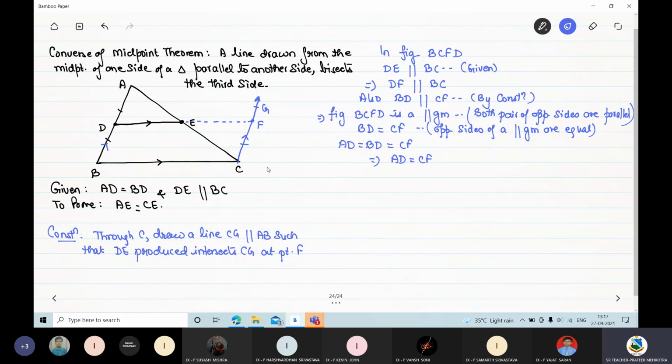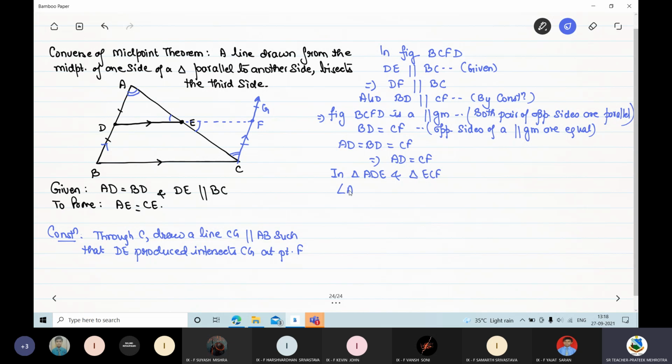Now again, in these two triangles, triangle ADE and triangle ECF, we can prove them to be congruent by taking these two angles as vertically opposite angles and these two angles as alternate interior angles because the lines are parallel.